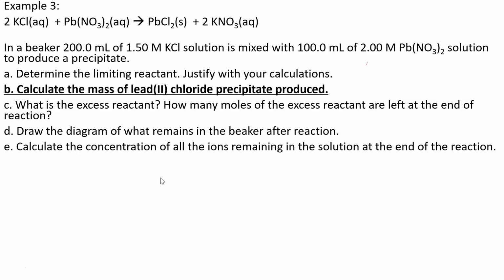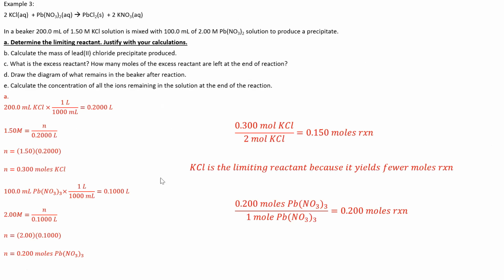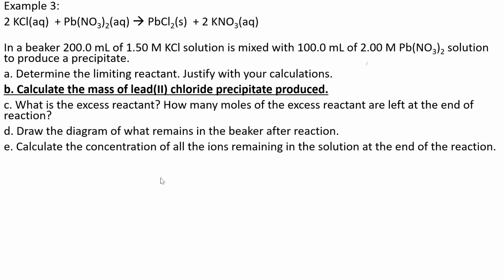Part B, calculate the mass of lead 2 chloride precipitate produced. So we're going to be using KCl since it was our limiting reactant. It's going to be 0.300 over 2.